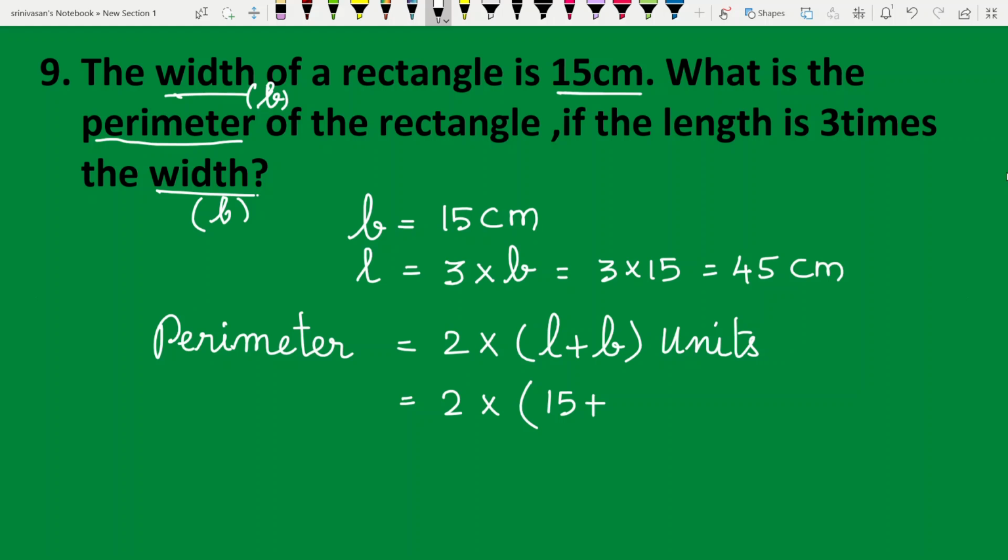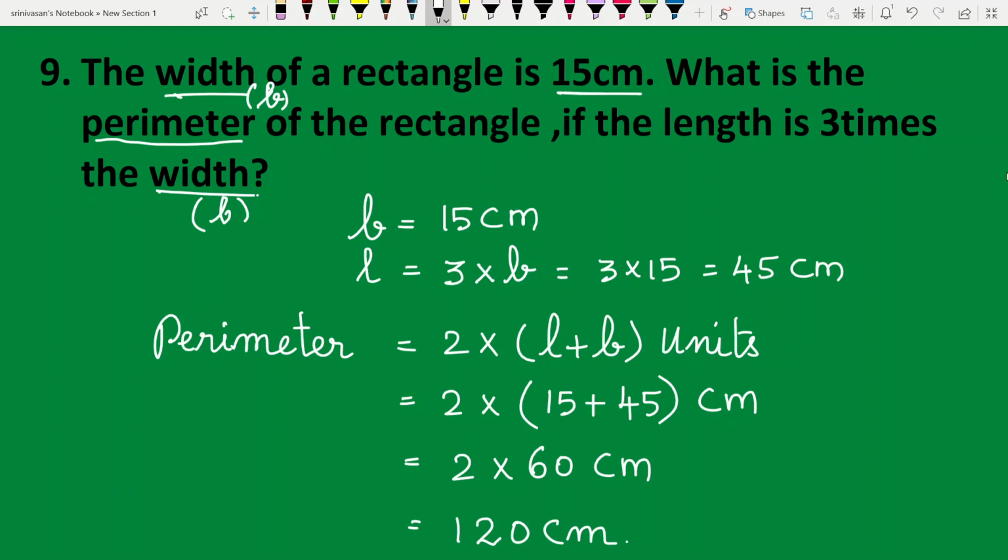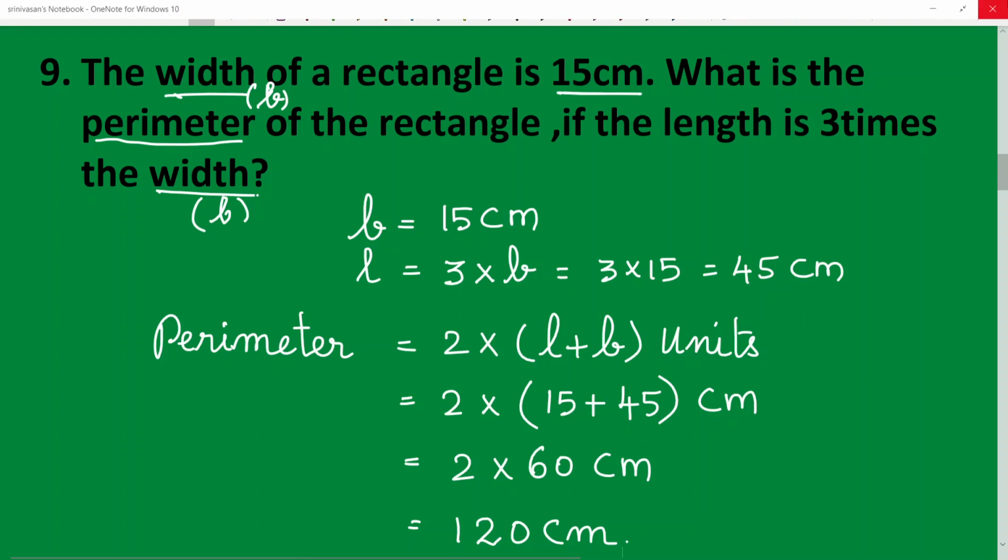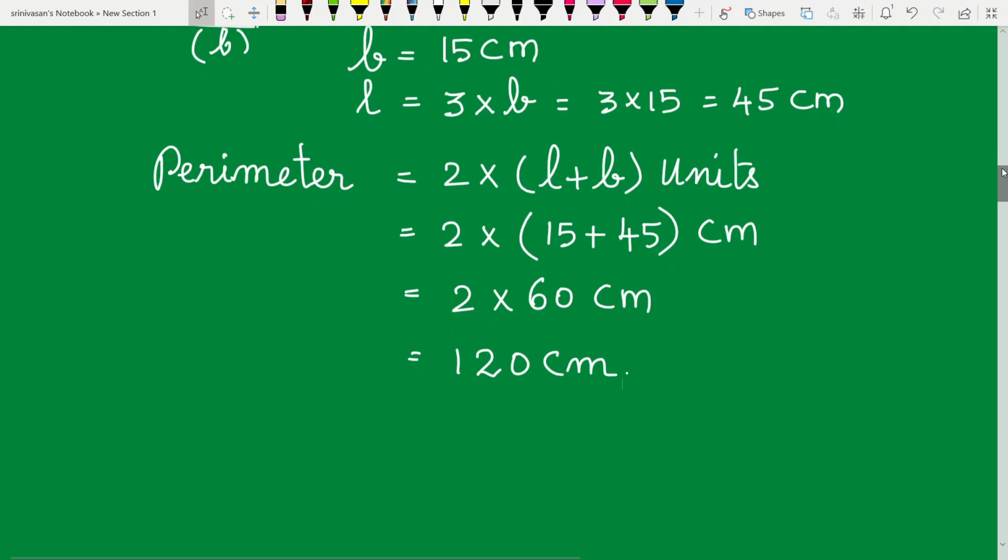Breadth is 15 and length is 45. That is equal 2 into 15 plus 45 is 60. So 2 into 60 centimeter, which is equal 120 centimeter. So what is the perimeter of the given rectangle, children? Yes, it is 120 centimeter.